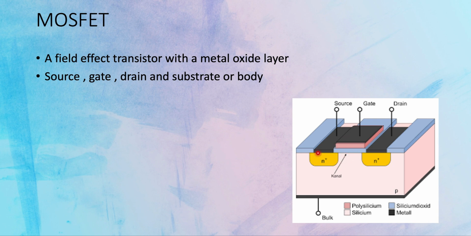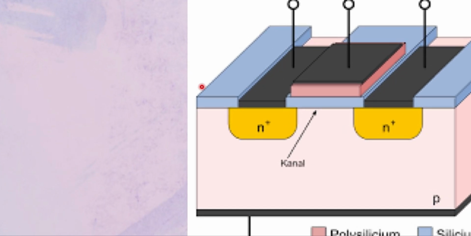We just want a channel to be created. We don't want them to combine with each other and become stable or cause current flow. We just want a channel between the source and the drain so that the electrons could move from drain to source or source to drain. And that is the reason why we use a silicon dioxide layer over here, which isolates them from getting in contact with each other.